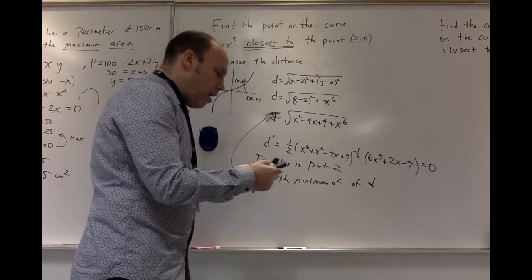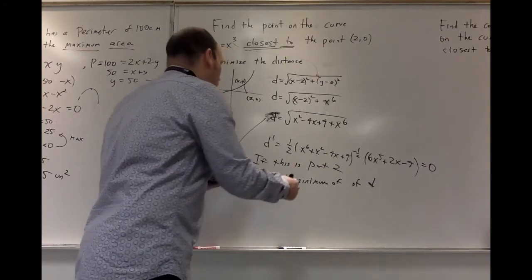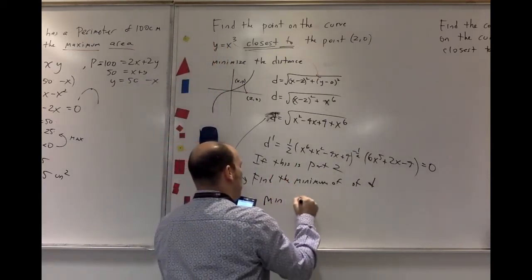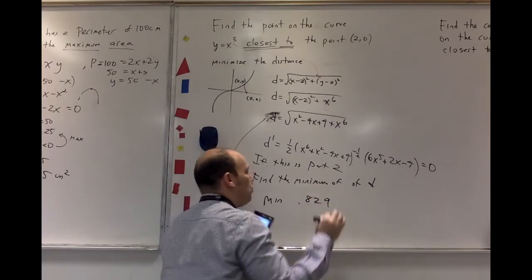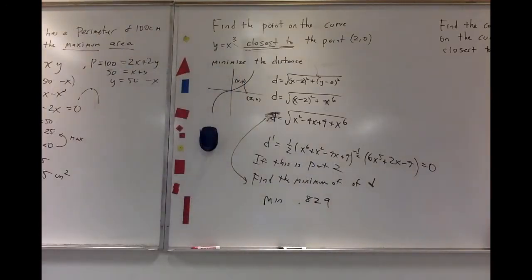There we go. And the calculator tells us the minimum x value is 0.829. So is that right? Yes, the minimum.